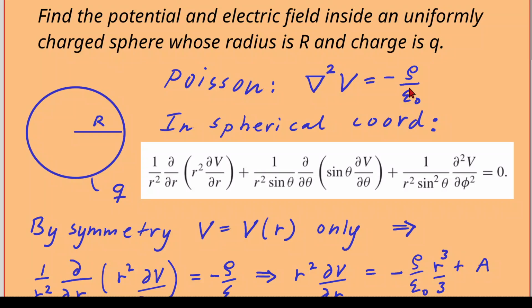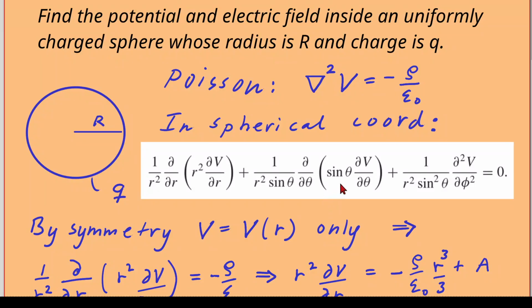But in this case, for a uniform sphere, there is charge density inside. So this is the Poisson equation: nabla squared V equals negative charge density rho over epsilon naught. And in the same way as in the previous video, let's look at the spherical Laplace operator acting on V, the potential.